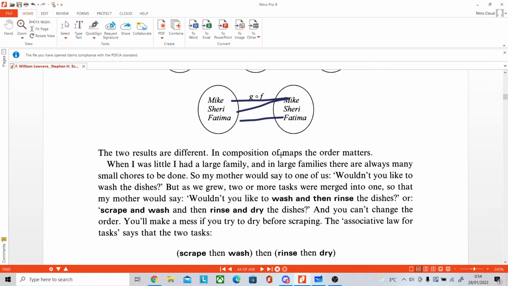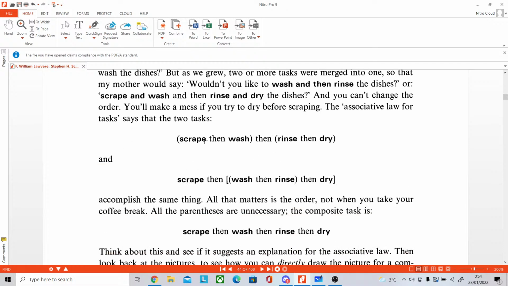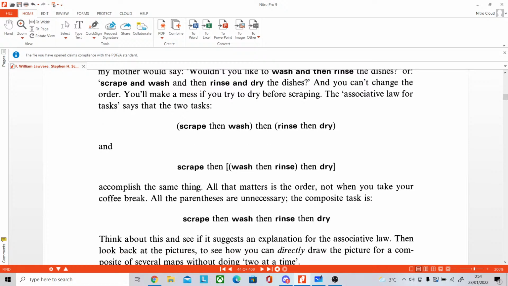The associative law for a task says that the two tasks, scrape then wash, then rinse then dry, and scrape then wash, then rinse, then dry, accomplish the same thing.